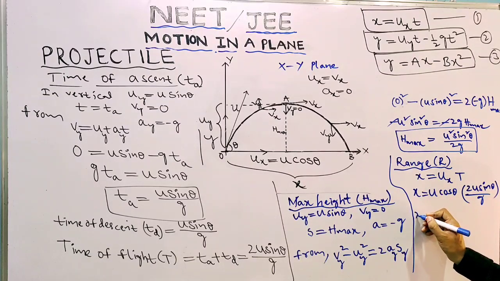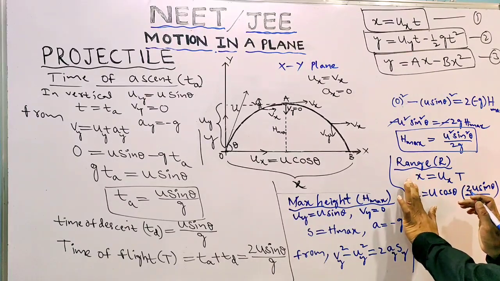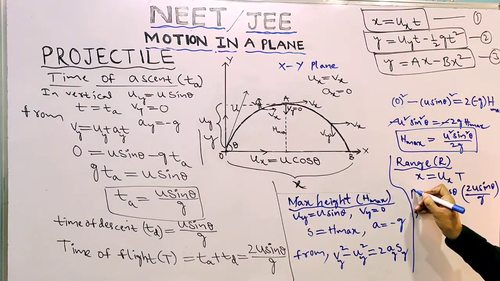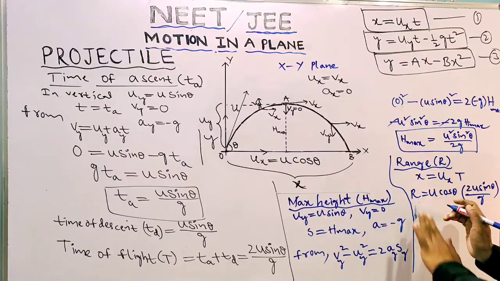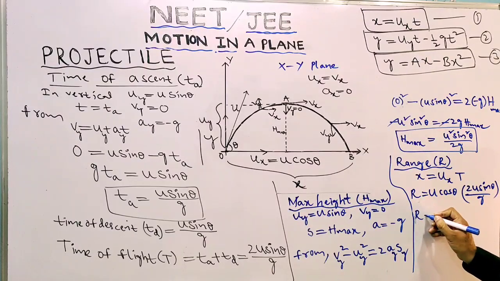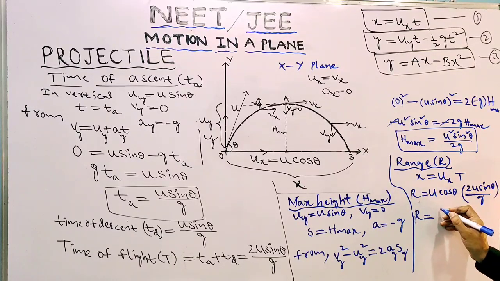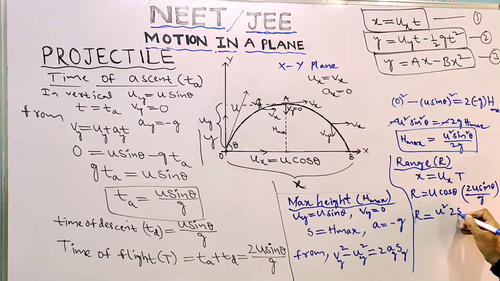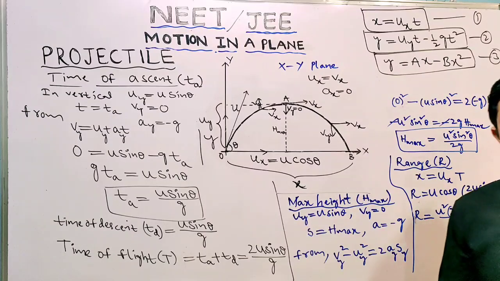Now here x is nothing but the range R. So R equals u square, 2 sin theta cos theta written in one bracket, divided by g as it is.